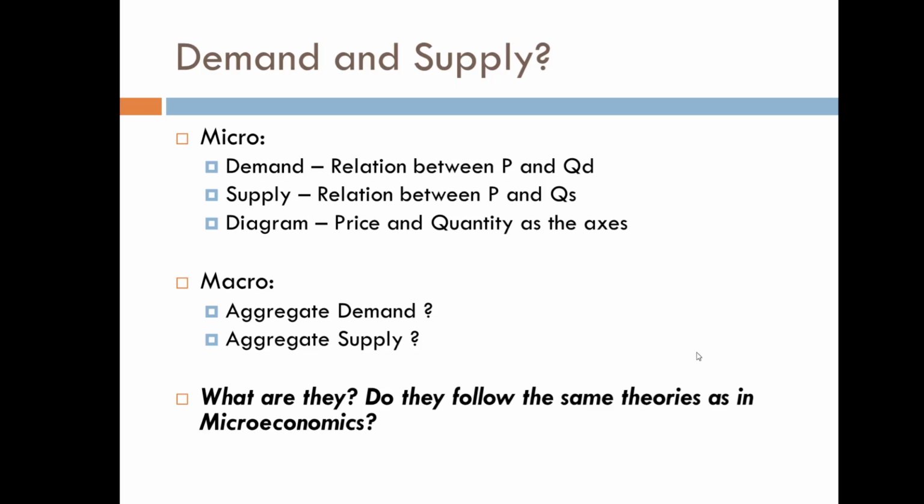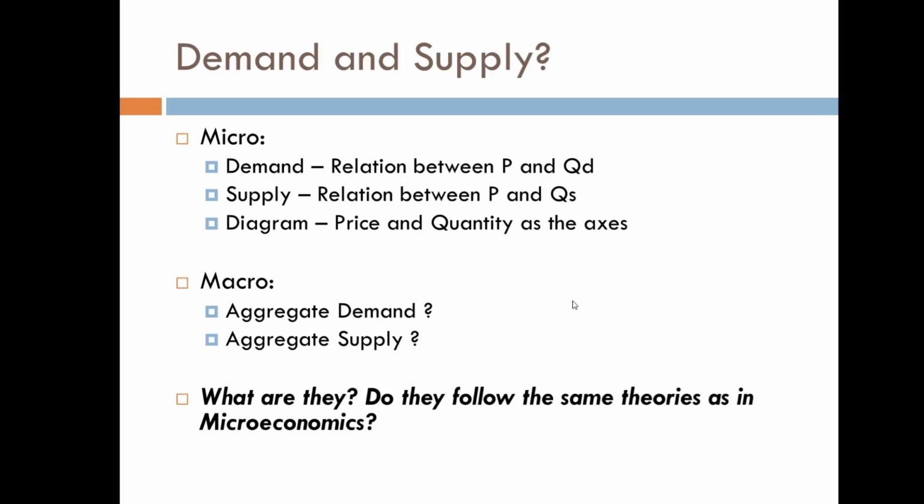Think about this. If we are talking about total demand and supply, we are thinking about all goods and services in an economy, and we try to come up with a price for them so that we can show it in the diagram. So what do we call it?